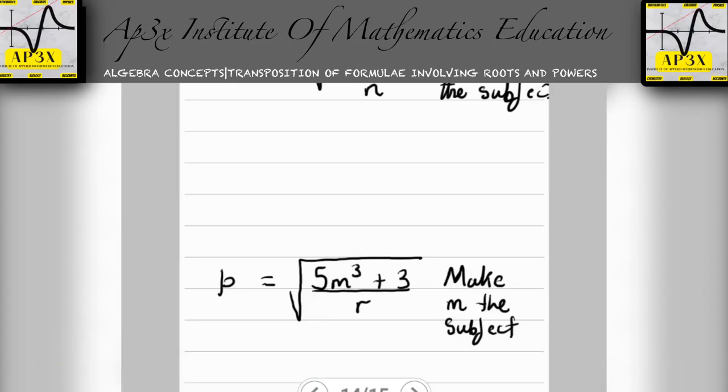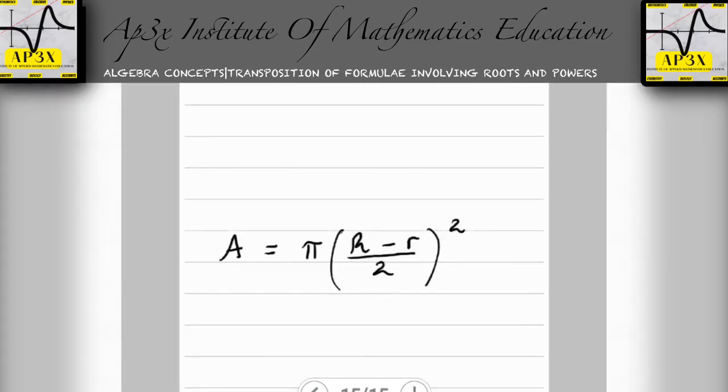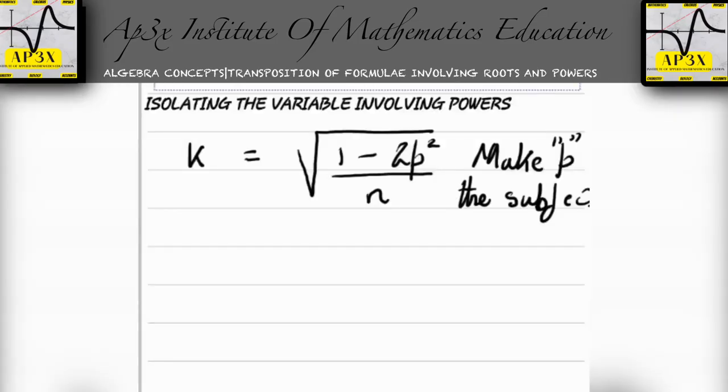Now we're going to be doing the opposite here, because of course we can't leave the video without going through a bunch of examples involving multi-step. So I'm going to add an extra layer here, and this extra layer is that we're going to be removing the power at the end of the equation.